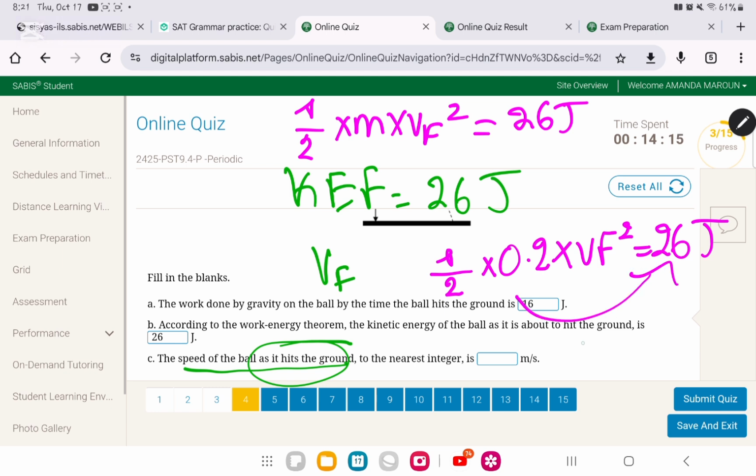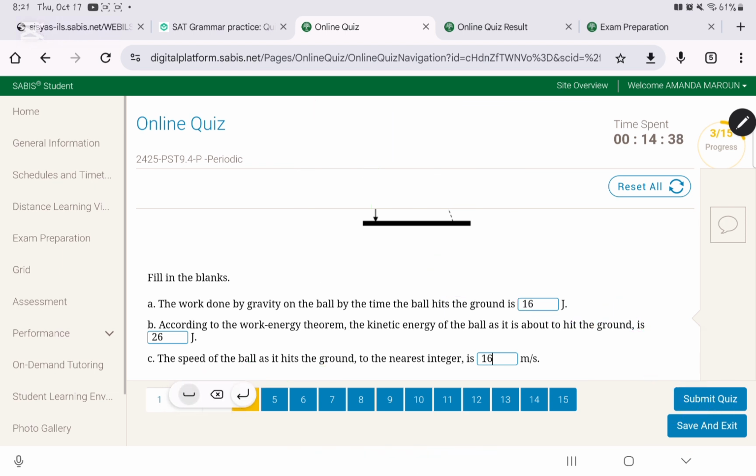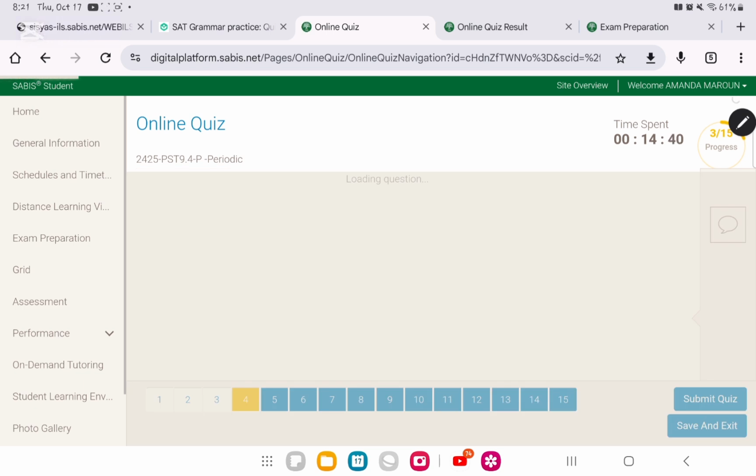Move it to the other side, you will get that v final squared is equal to 260. To get rid of the squared, we're going to put radicals on both sides. And so now we have v final is equal to radical 260, which is approximately 16. So the speed of the ball as it hits the ground is 16 meters per second.